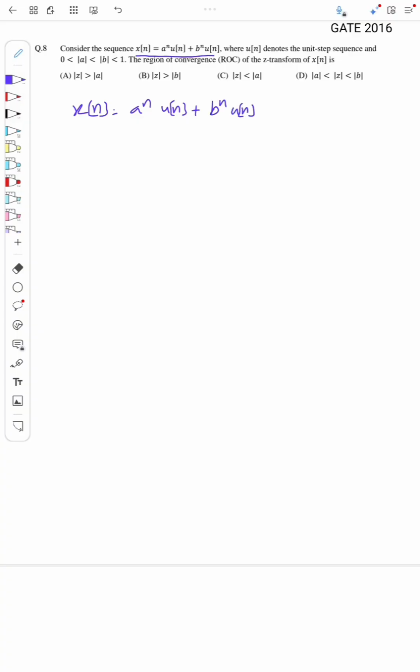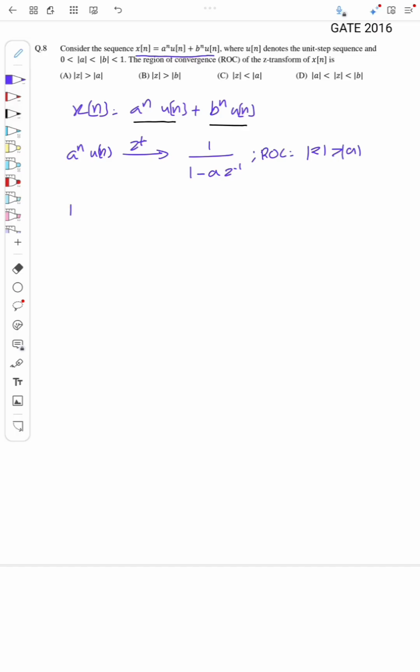So how to find the z transform of this? We need to find the z transform of this term, and then the z transform of this term, and the sum of that. And the ROC will be the intersection of the ROC of these two terms, right? So if I take the first term, a power n u of n, the z transform of this term is, we know, 1 by 1 minus a z inverse, and its ROC is mod z greater than mod a, right?